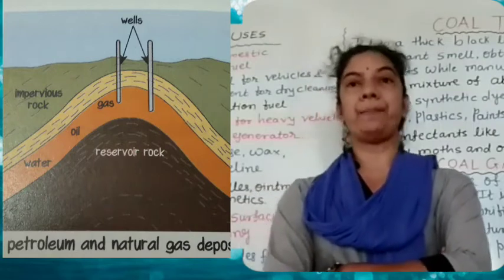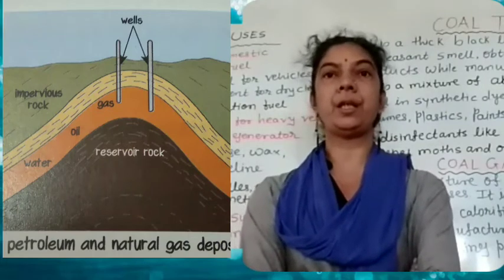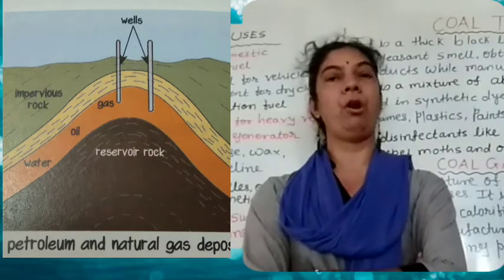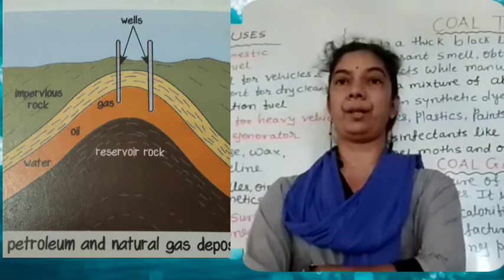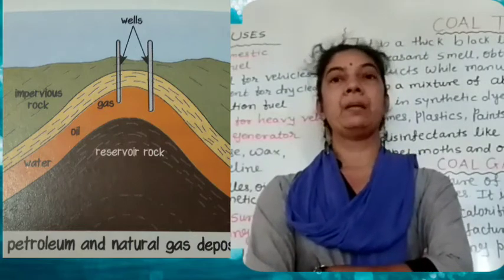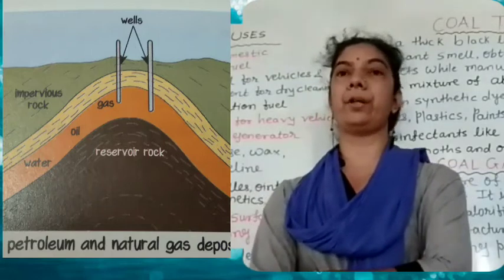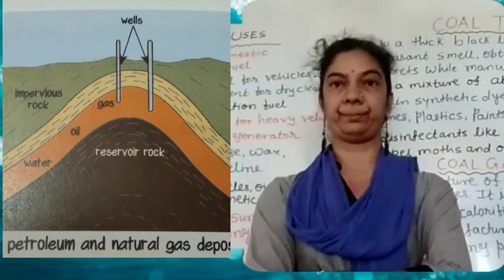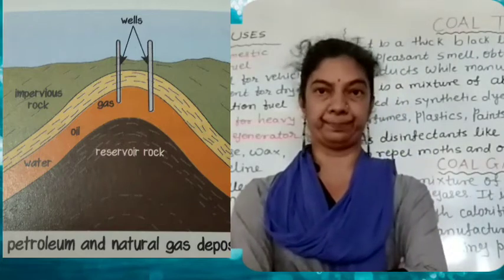So, in the absence of air, these dead remains stopped decomposing and they got buried for a longer time, and in this situation, high temperature, high pressure and absence of air, these fossils, these dead remains, are converted into a thick black color liquid, which we are knowing as petroleum.